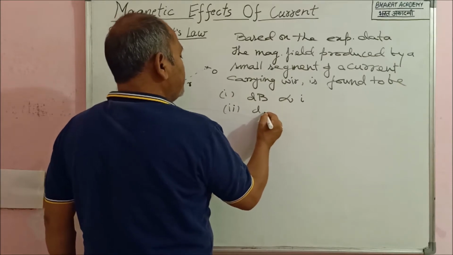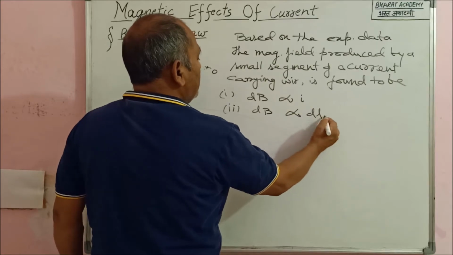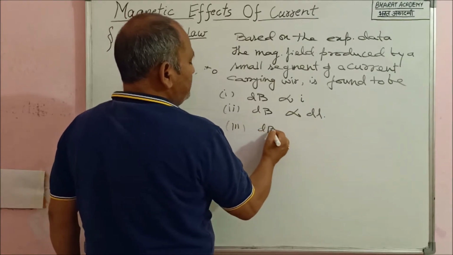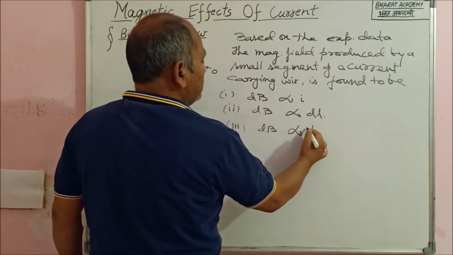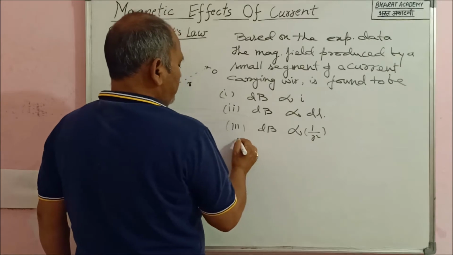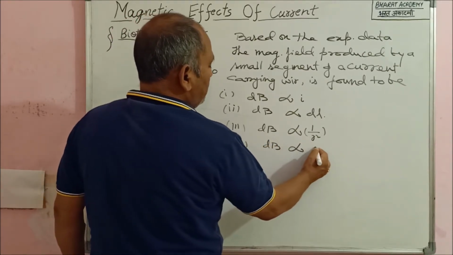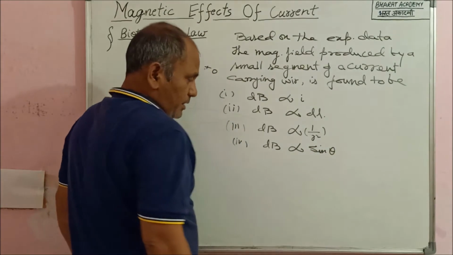dB is directly proportional to the length of the segment. Third, this dB is inversely proportional to the square of the distance. And fourth factor, this dB is directly proportional to sine of the angle between the current and the radial vector.